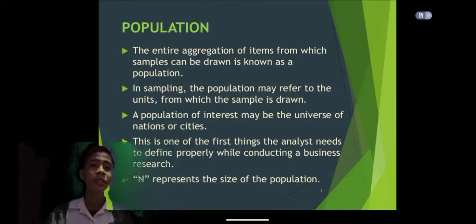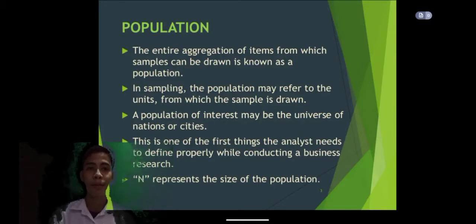Inferences concerning a population cannot be drawn until the nature of the units that comprise it is clearly identified. If a population is not properly defined, a researcher does not know what units to consider when selecting the people of the sample.